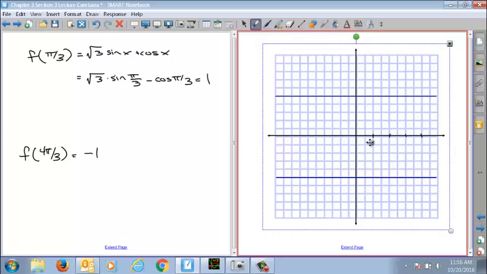This is pi over 2. This is pi. This is 3 pi over 2. This is 2 pi. So at pi over 3, which is going to be about here, we have plus 1. And at 4 pi over 3, which is about right here, we have minus 1.